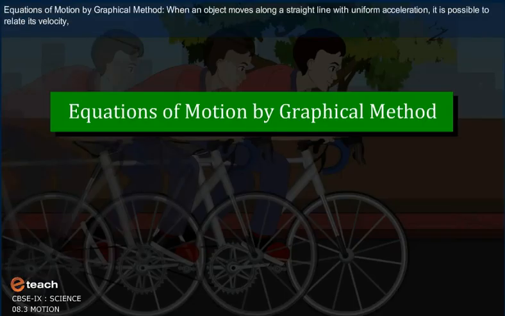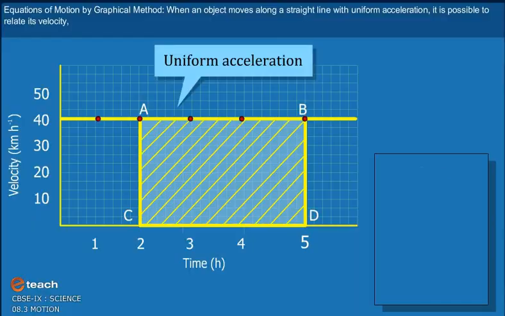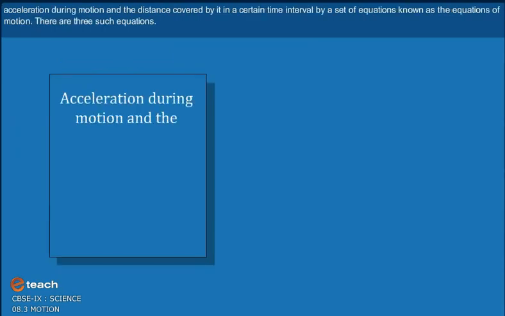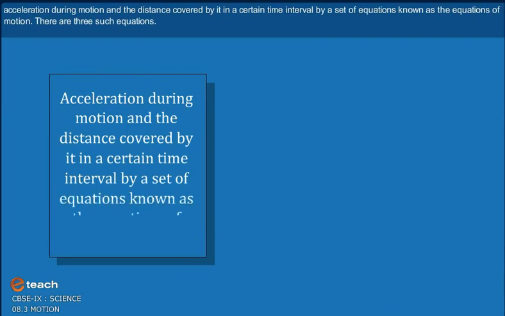Equations of motion by graphical method. When an object moves along a straight line with uniform acceleration, it is possible to relate its velocity, acceleration during the motion, and the distance covered by it in a certain time interval by a set of equations known as the equations of motion.